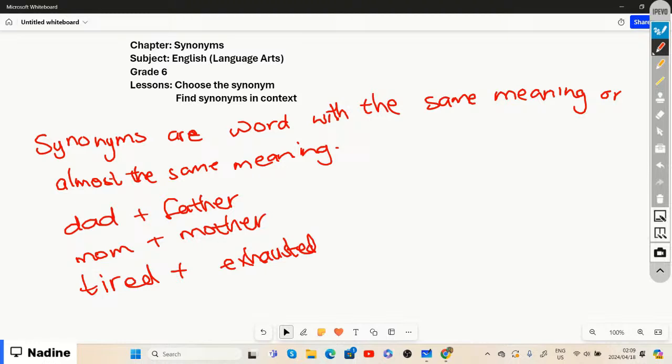What is the synonym of when I'm scared? When you're scared, what is the word that means the same as scared? We need to find the word that is the same as scared or almost the same as scared.